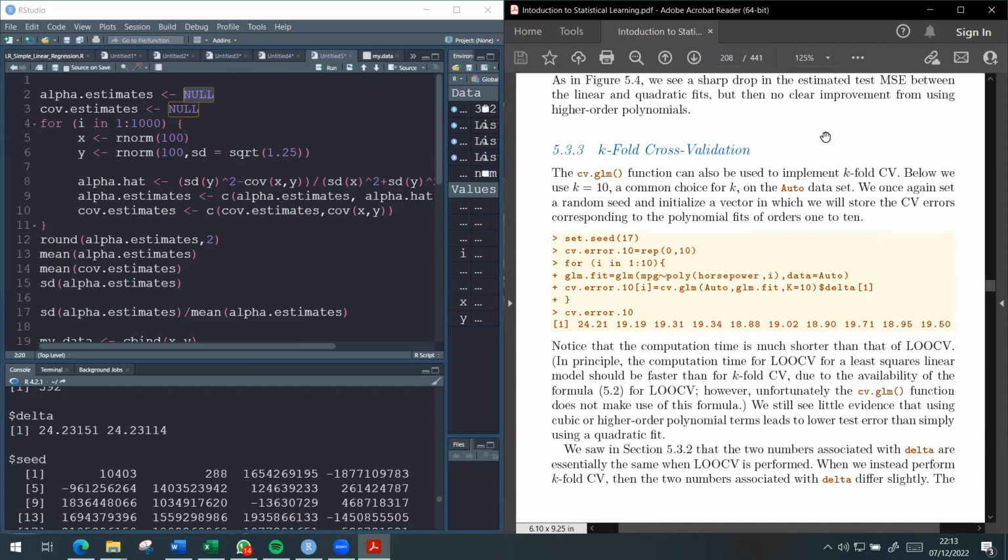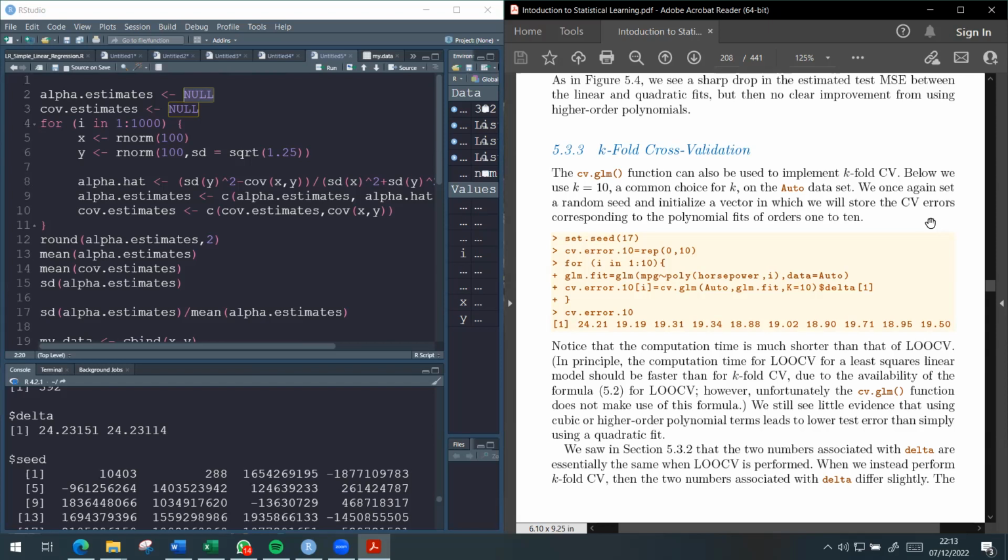Okay, now K-fold cross validation would be interesting. The cv.glm function can also be used to implement K-fold CV. Below we use K equals 10, a common choice for K, on the Auto dataset. So when K is 10, what are you doing? You leave out the first 10% of the data, fit, and do actual versus expected.